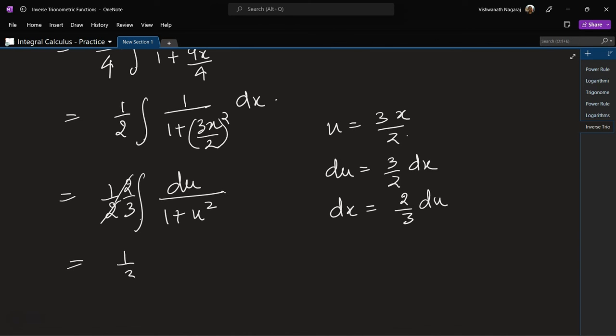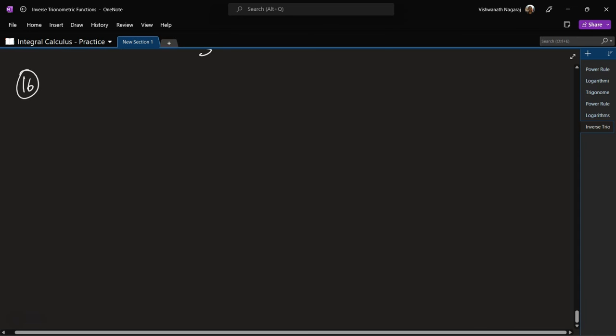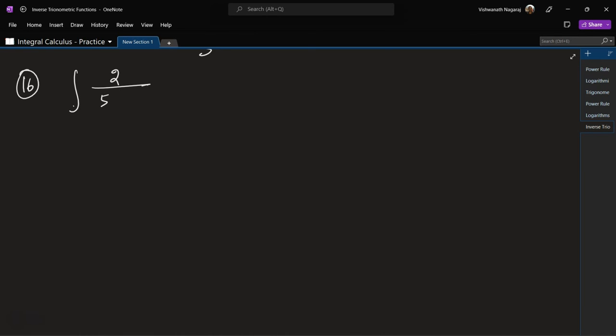So we are left with 1 by 3, and 1 by 1 plus u square is tan inverse of u, which is 1 by 3 tan inverse of u is 3 by 2 x plus c. 16th integral of 2 by 5 plus 3x square dx.